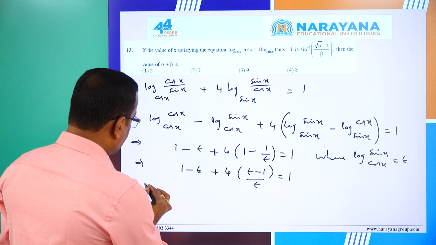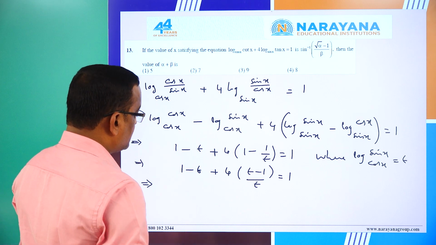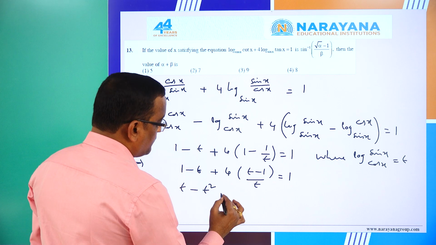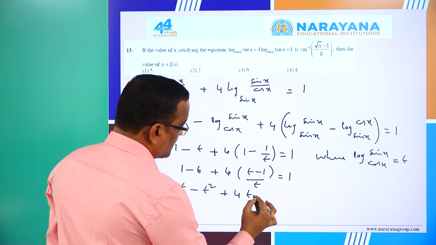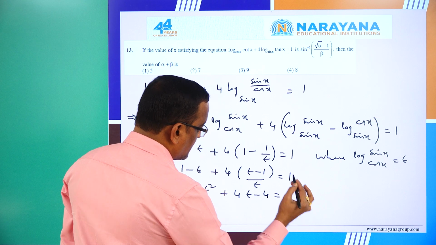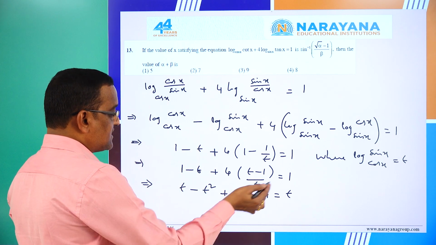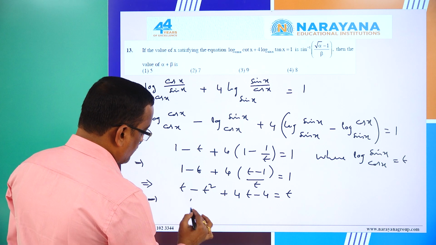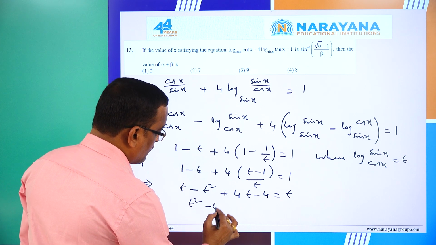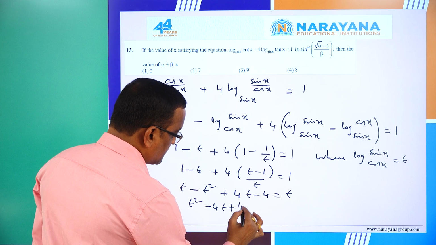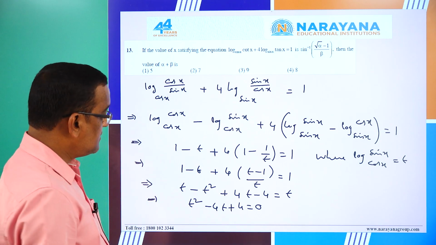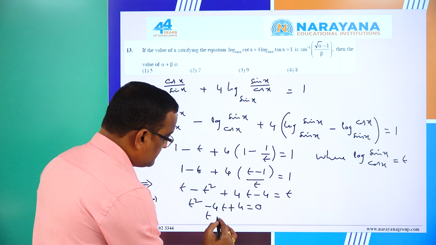This is t minus t square plus 4t minus 4 is equal to t. So you can cancel this t and that t. So we get a quadratic in t, that is t square minus 4t plus 4 equals 0. This is t minus 2 whole square. So the value of t becomes 2.